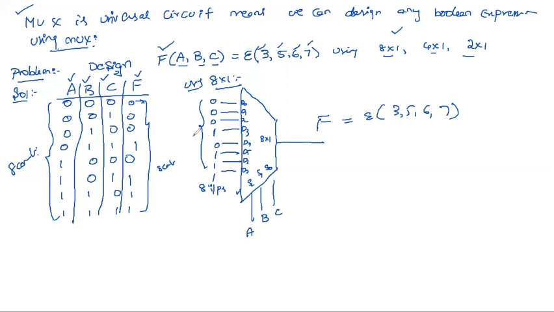Now same experiment I want using 4 by 1. This is somewhat confusing and difficult. Let us see. Again draw the truth table.